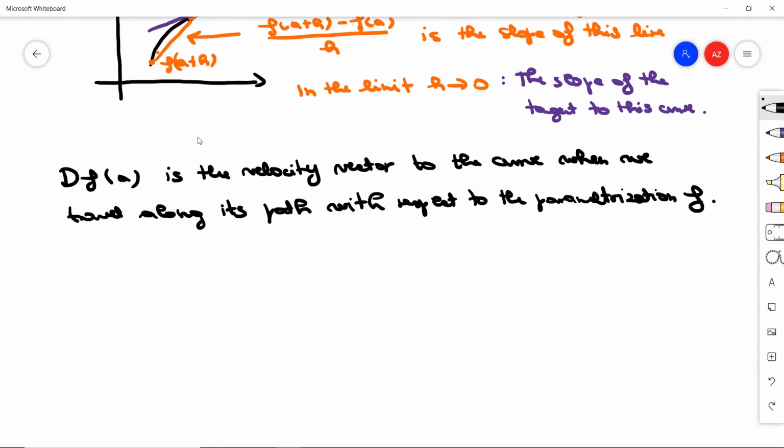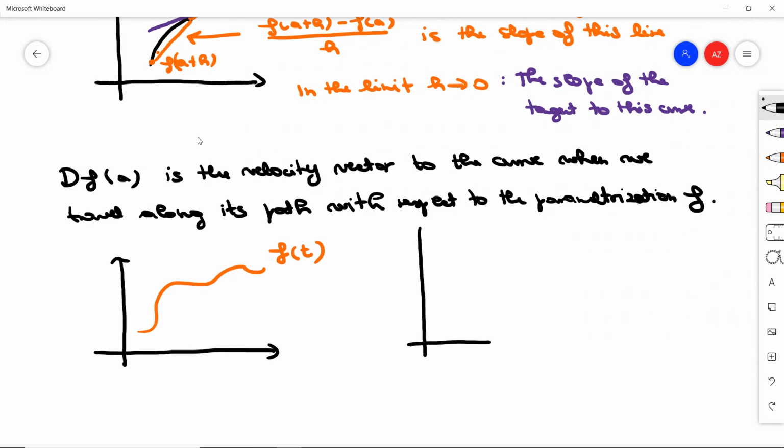So let's say that we have some curve parameterized by f of t. And now I would like to ask you what happens.